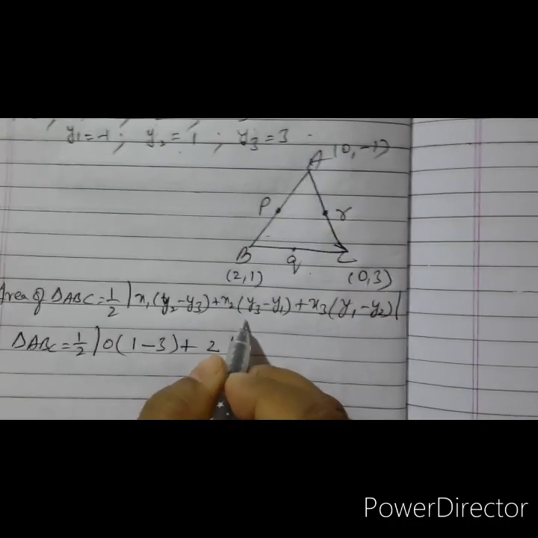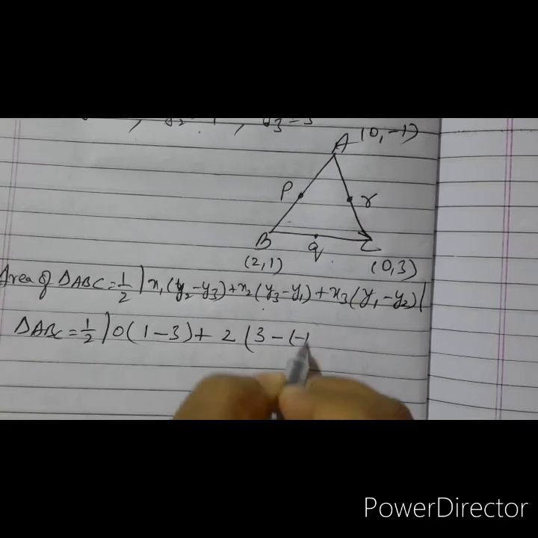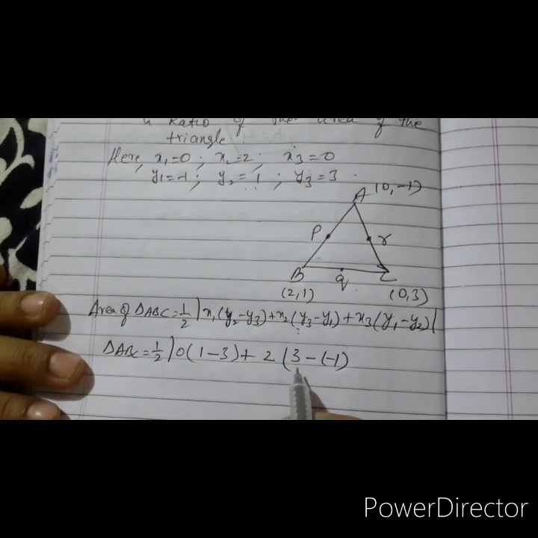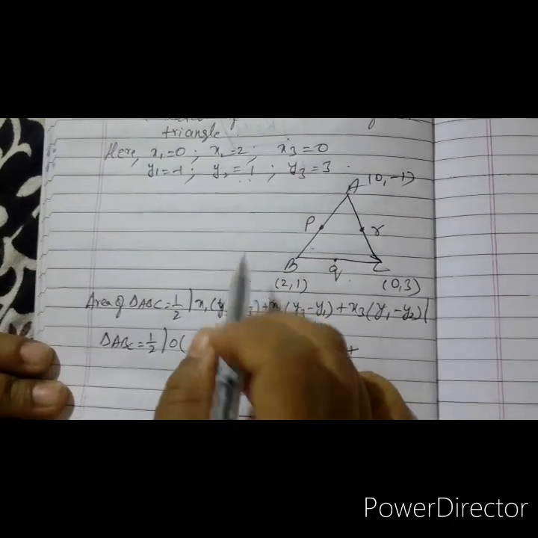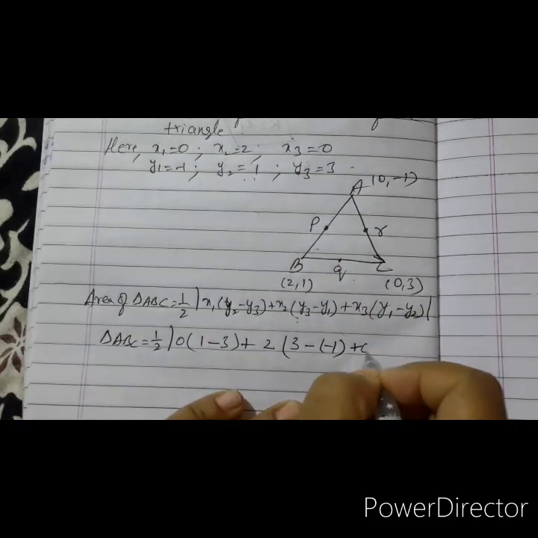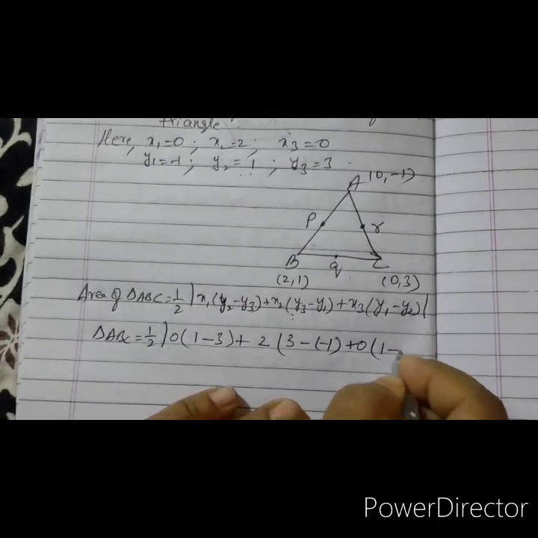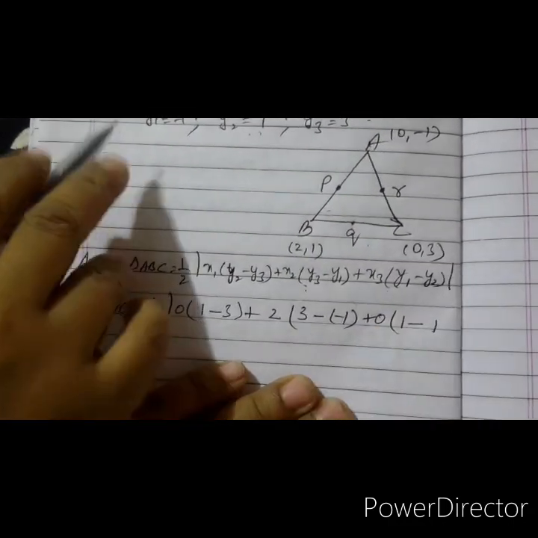Next, y3 is 3 minus y1, which is minus 1, so 3 minus of minus 1, plus x3, which is 0. y1 is minus 1 minus y2, which is 1.